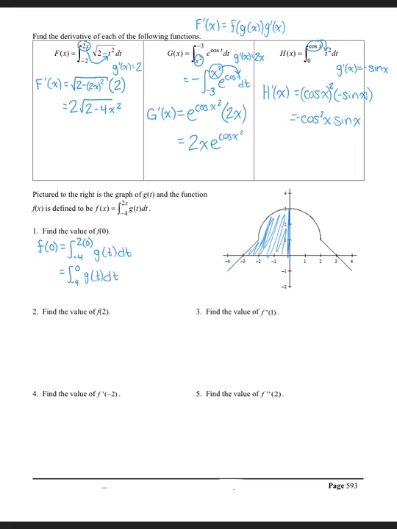Let me erase this so I can write here. Okay, so the area of this triangle here is below the x-axis, therefore it is negative. So I have -1/2 base, which is 1, times height. Well, that's where the negative comes in, right there. So the height is -1. So this right here is -1/2.